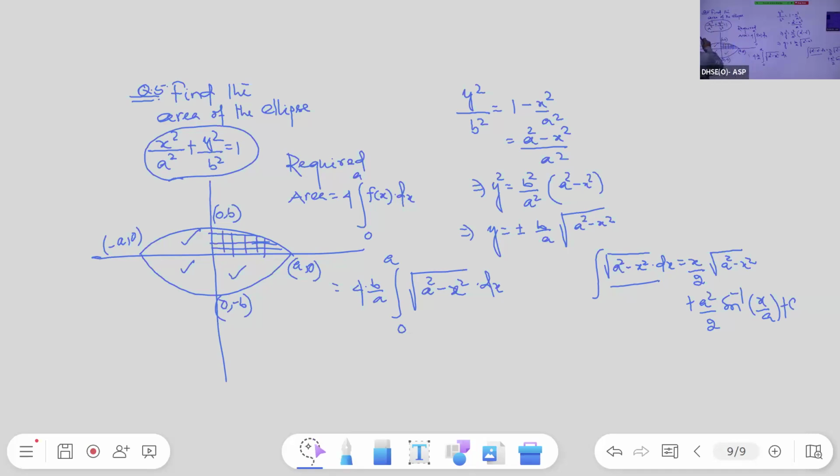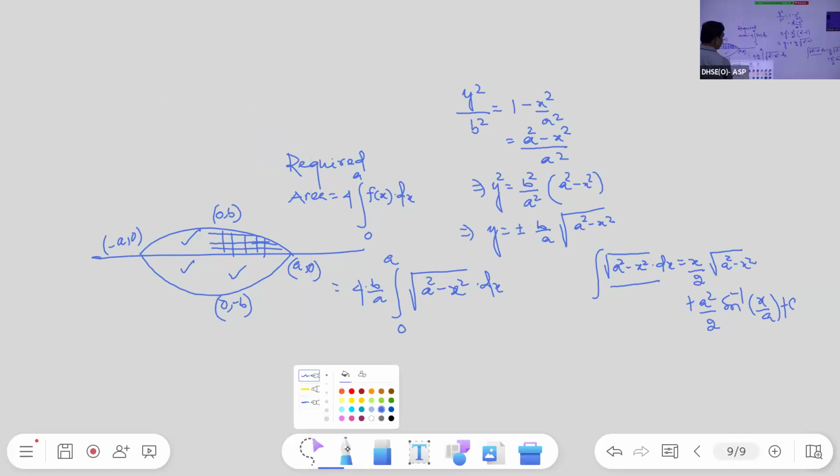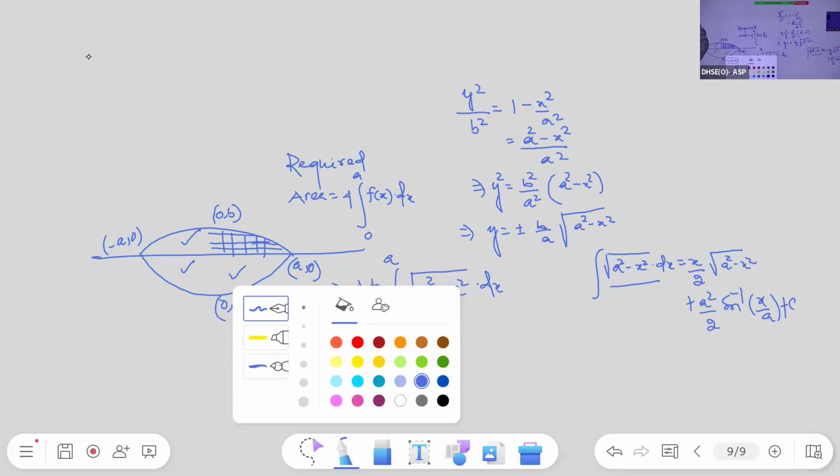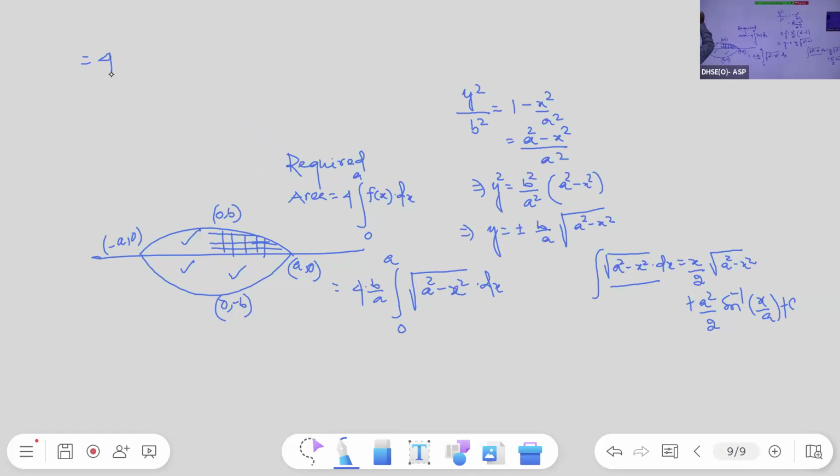So required area is equal to 4b by a into x by 2 under root a square minus x square plus a square by 2 sin inverse x over a, limit 0 to a.